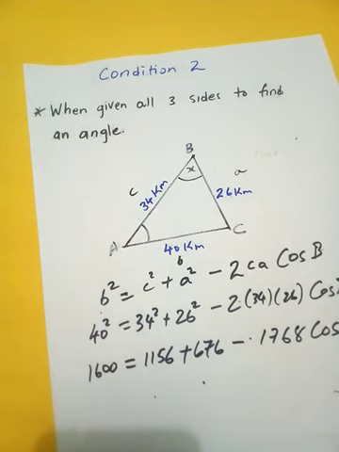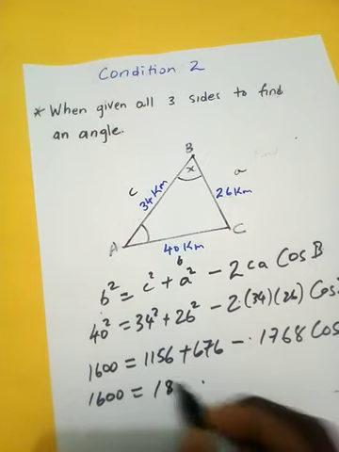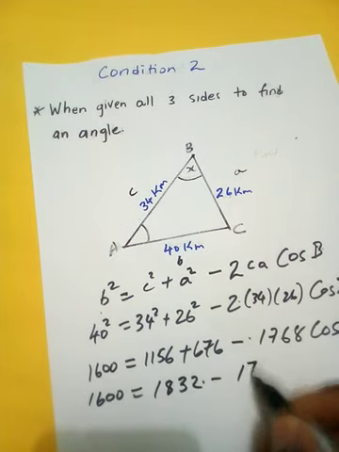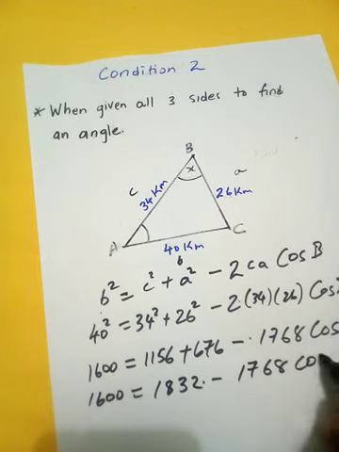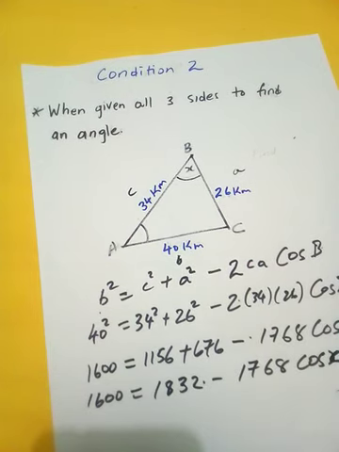Now this calculation works out to be 1600 equals 1832 minus 1768 cos x.